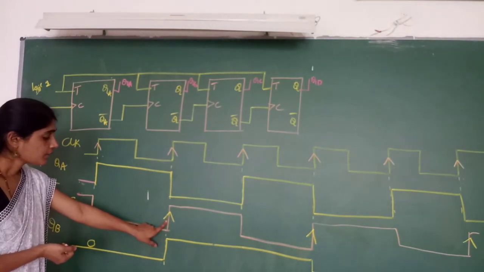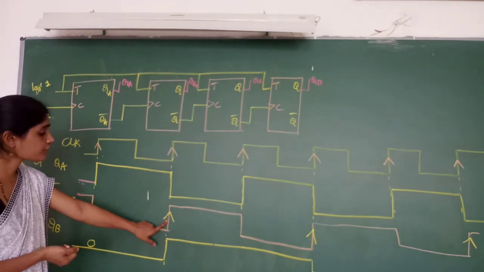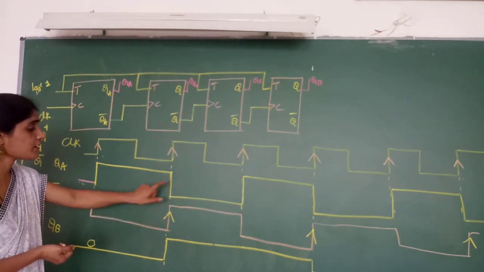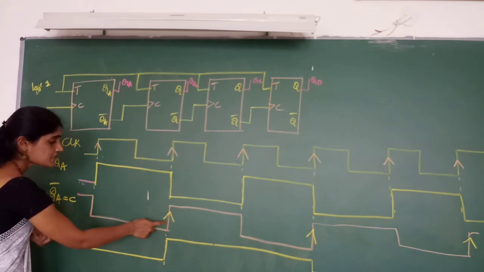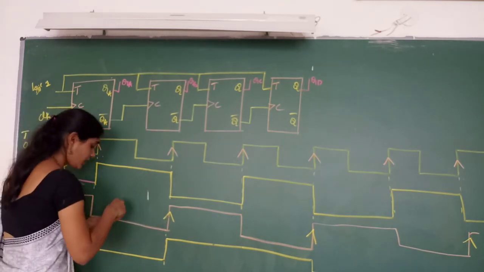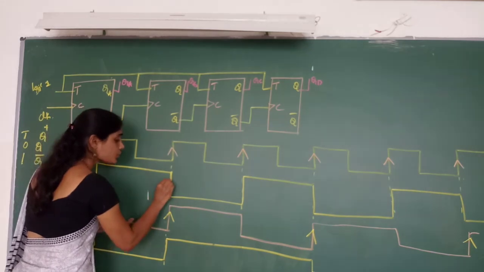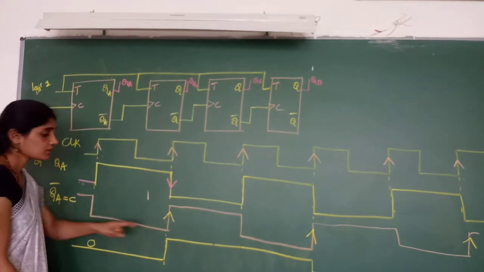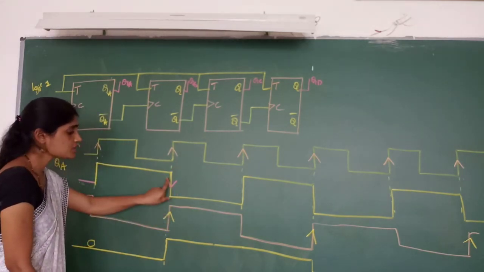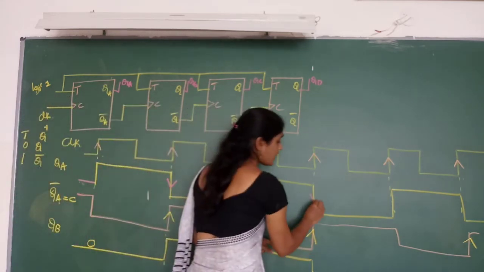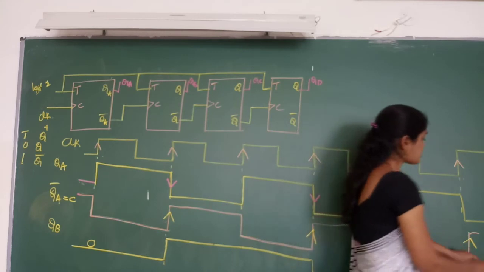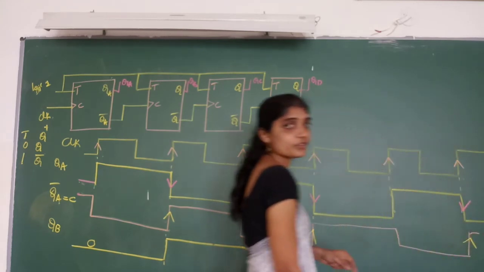But isn't the positive edge of QA bar nothing but the negative edge of QA? Because QA and QA bar are complements, a positive edge of QA bar means a negative edge of QA.